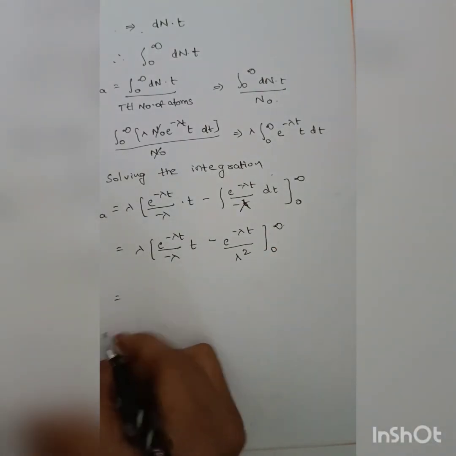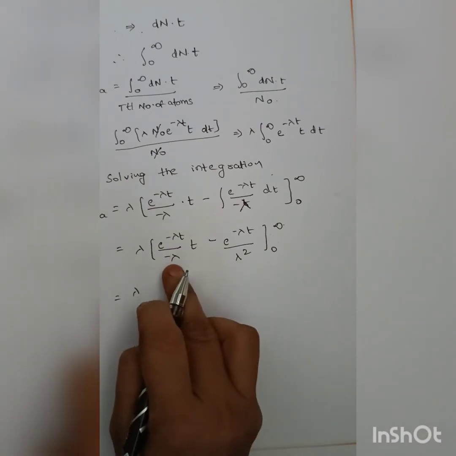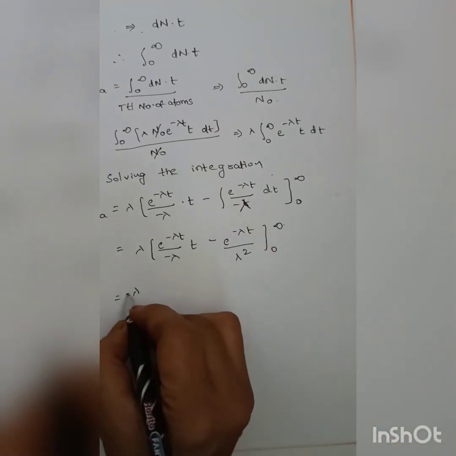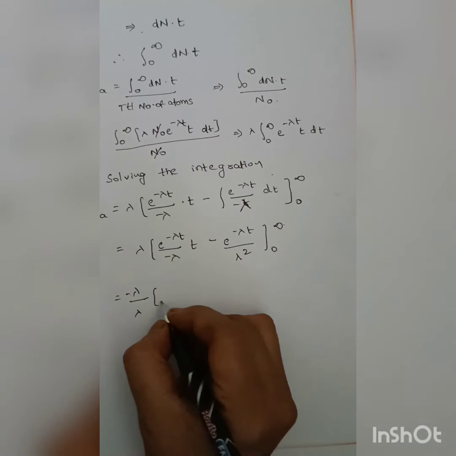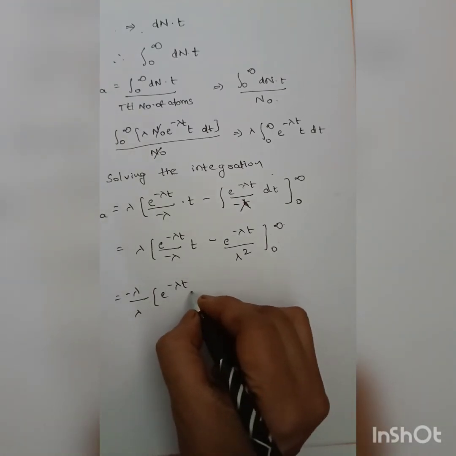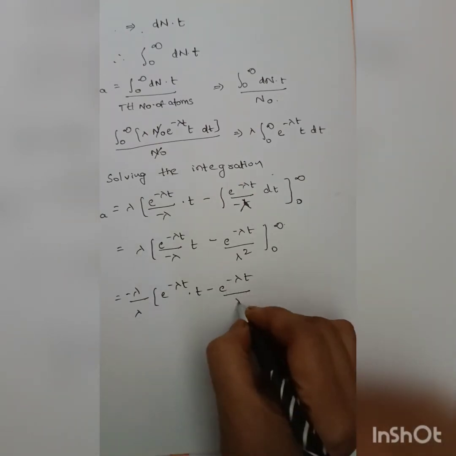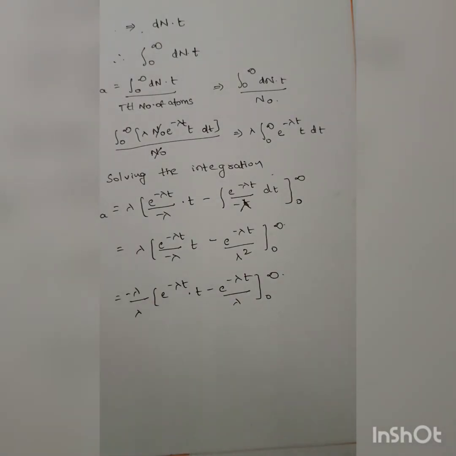So here I am taking lambda, minus lambda as common, by lambda, so minus and lambda I am taking. So what we get is e power minus lambda t into t minus e power minus lambda t by lambda, from 0 to infinity. Okay, right.